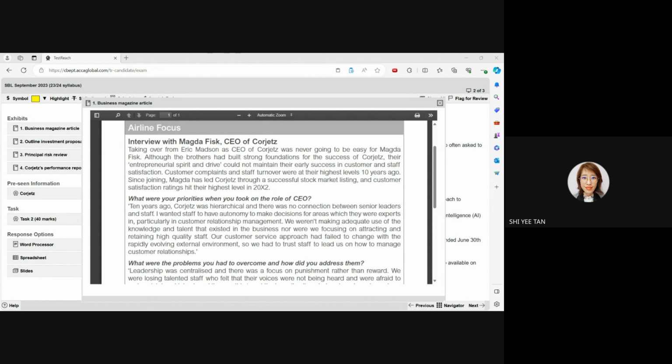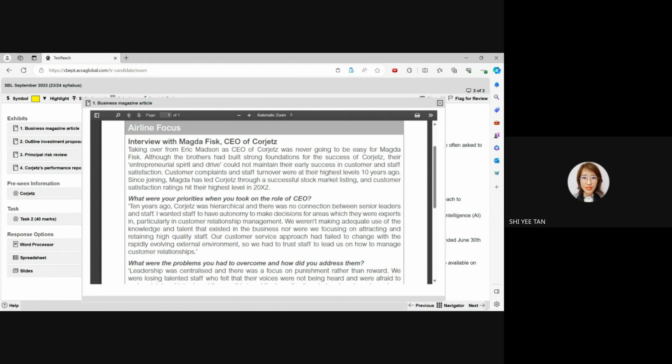Taking over from Eric Madsen as CEO of Corjetz was never going to be easy for Magda Fix. Although the brothers had built strong foundations for the success of Corjetz, their entrepreneurial spirit and drive could not maintain their early success in customer and staff satisfaction. Okay, something is there already.